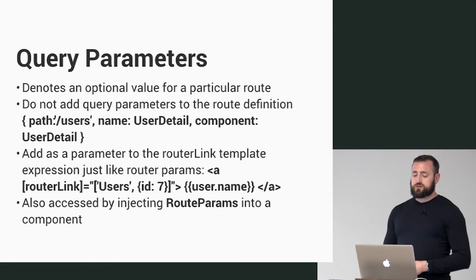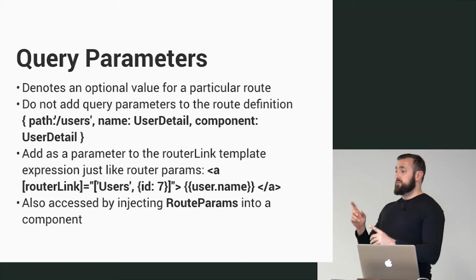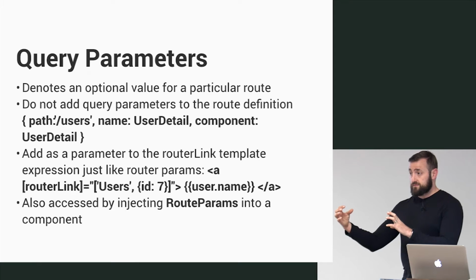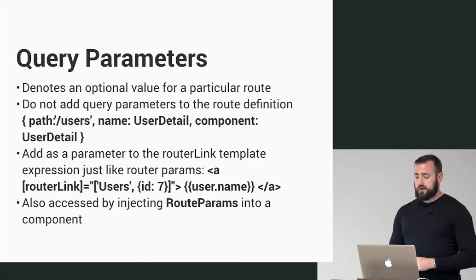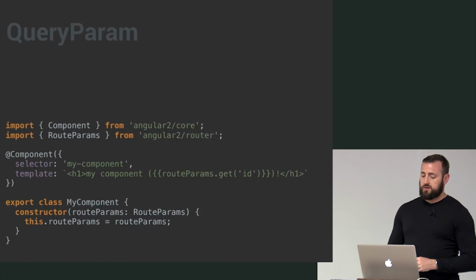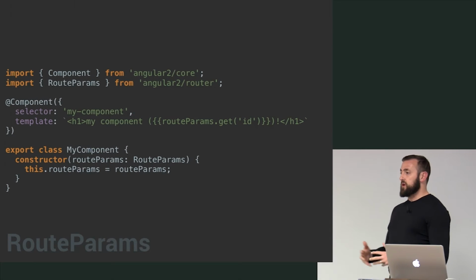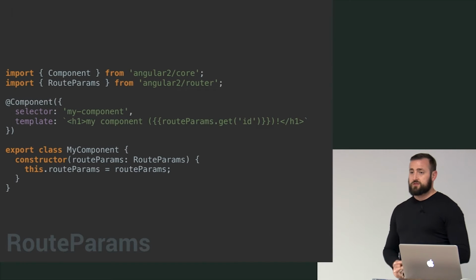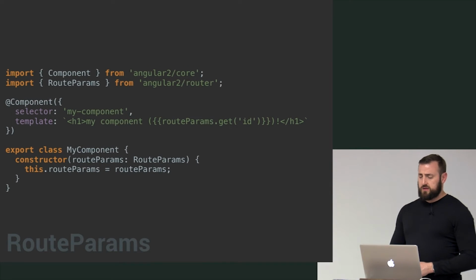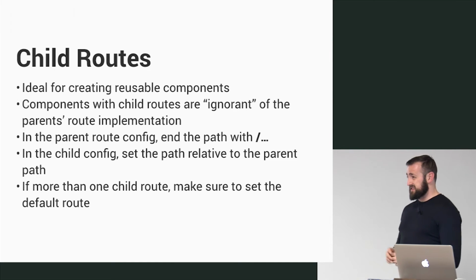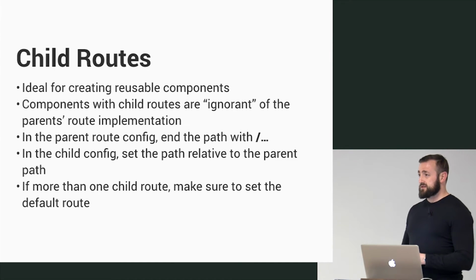What I was trying to say is that with router link, you put the name in, but then you can do colon and put in URL parameters, or query parameters, and then you can consume them using the route param service. There's a working plunk for all of this. And then there's a specific syntax for child routes.